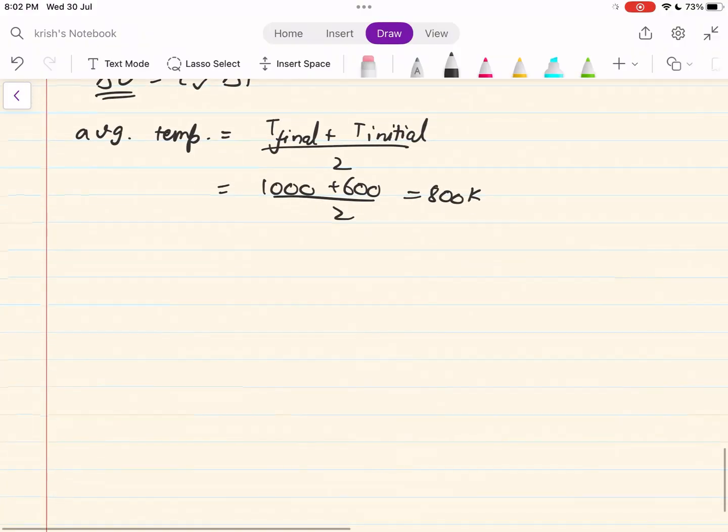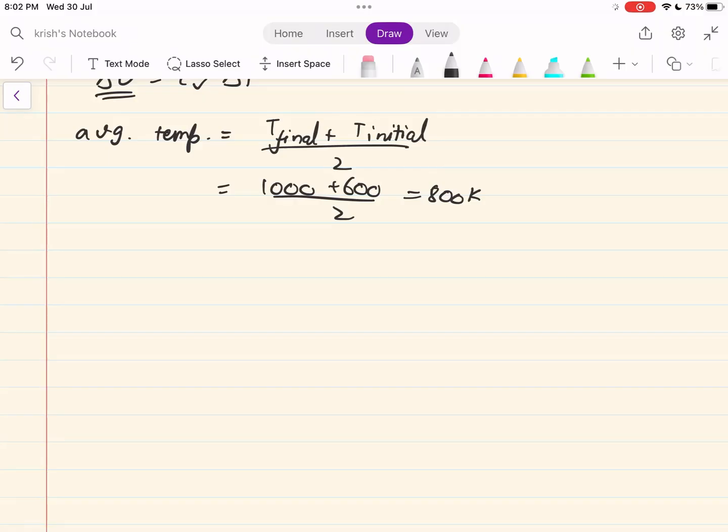right? So to find the value of Cv at this temperature, we will again use the empirical relationship, right? But since the value of Cv is constant and it is to be found at some constant temperature, that is the average temperature, we don't have to integrate it, right?